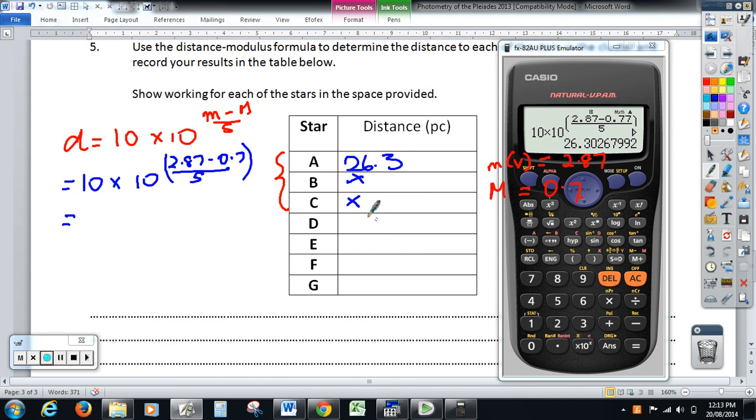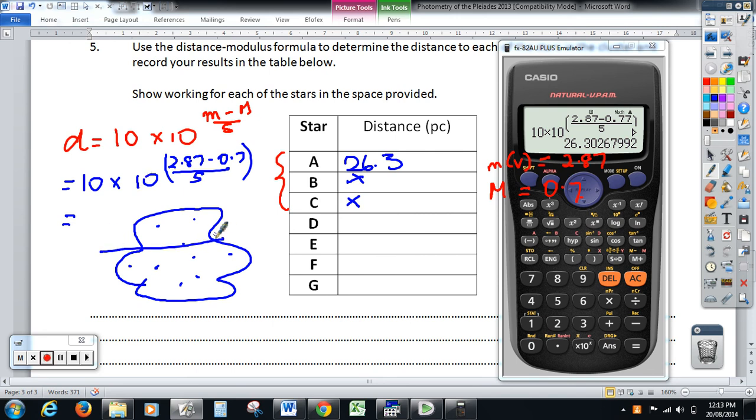Okay, now after you've done that, remember, these are all from the same cluster. So all of these stars are formed in the same gas cloud. Okay, it's quite a large gas cloud, so there's quite a significant diameter of this gas cloud. It's quite wide. So one star, this star over here could be 26.3.